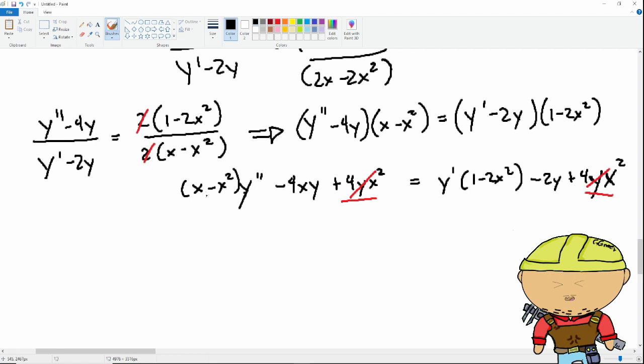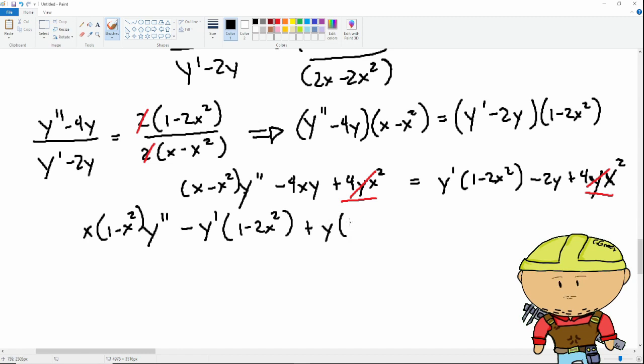Using the general form, we write down first y double prime times 1 minus x squared. Then next, negative y prime times 1 minus 2x squared. Then next is y times 2 minus 4x, equal to 0.